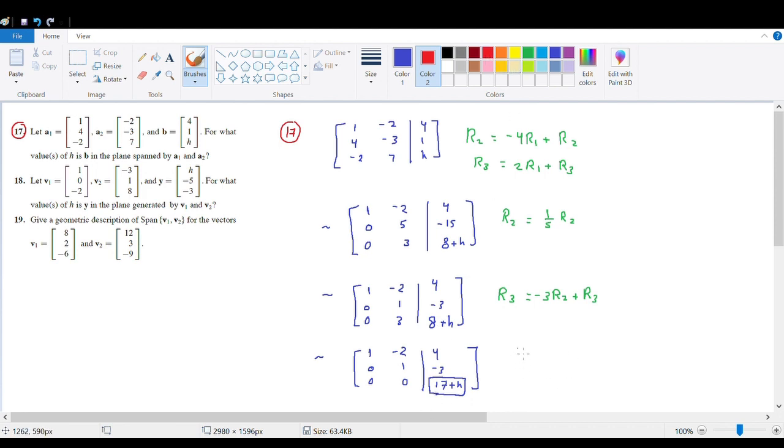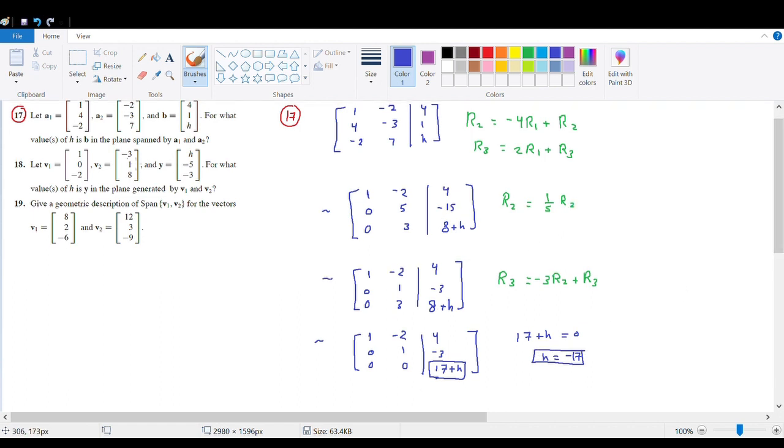So from here we see that 17 plus h is equal to 0, that means h is equal to minus 17. So b is in the plane spanned by a1 and a2 if and only if h is equal to minus 17.